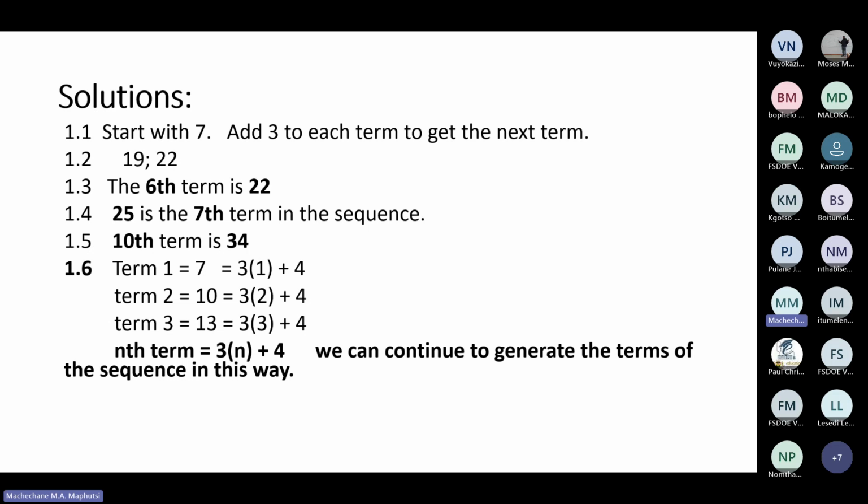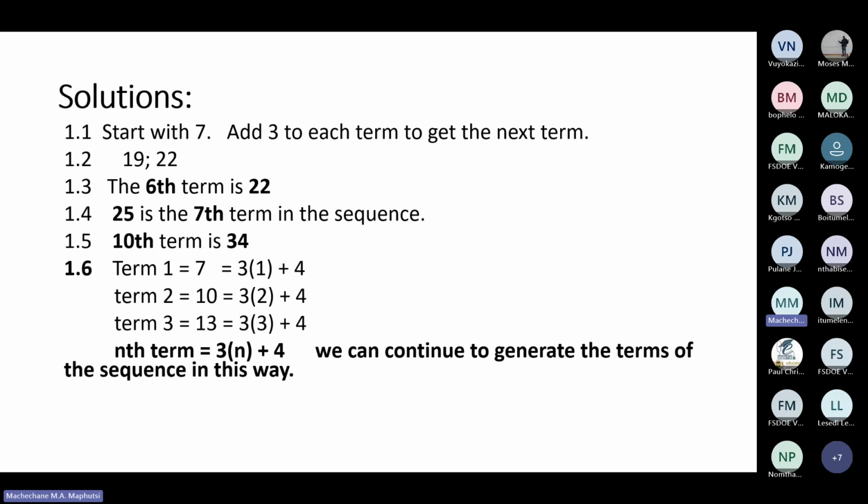And as you have seen, the constant difference between my terms was 3. So for you to get the general term, you write term 1, you write 3 as your constant difference, then you write the position of the term. Then from the position of the term, you ask yourself, what is it? Because 3 times 1 is 3. But for me to get to 7, what must I do?